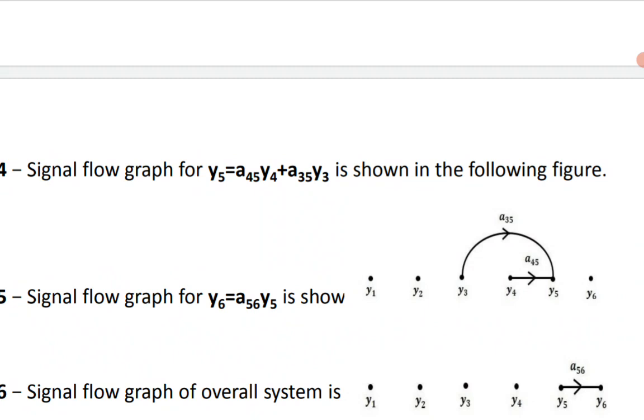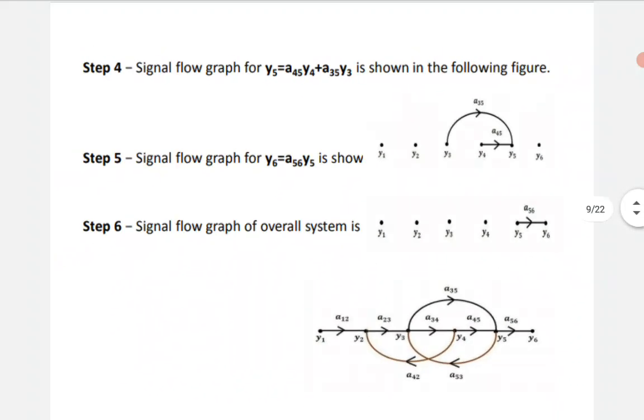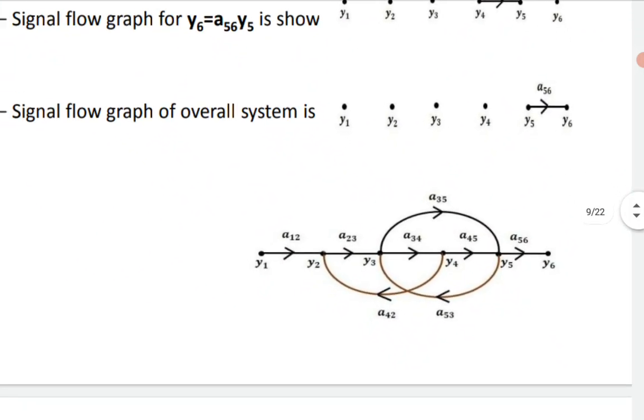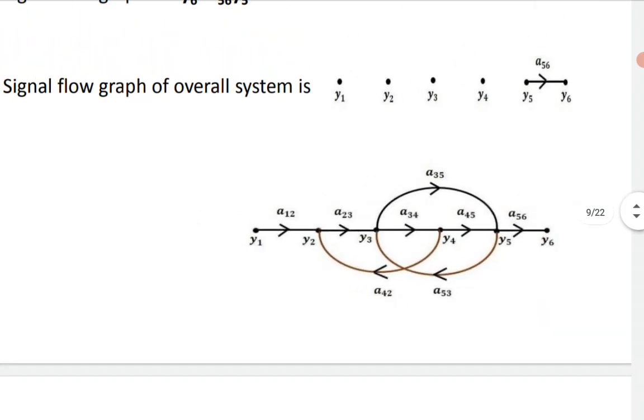So that's why it will be plus a35 y3. When I am taking y5, y6 at a time, it will be y6 is equal to a56 y5. Now I am combining all those, by which I can generate the compact SFG of those above.